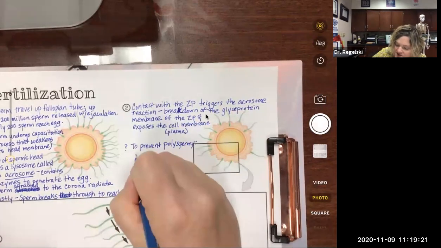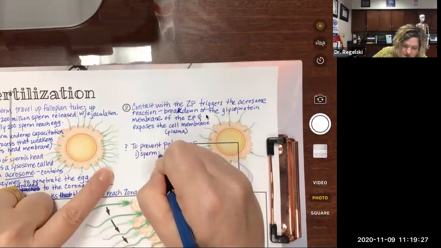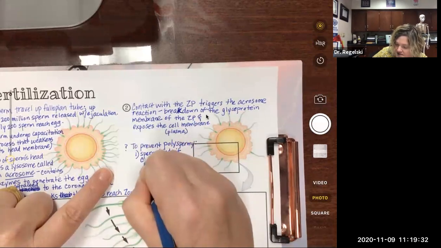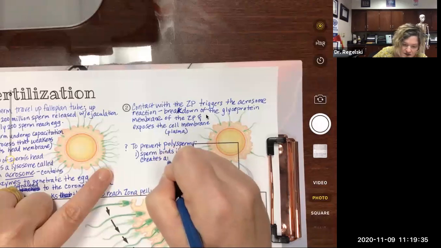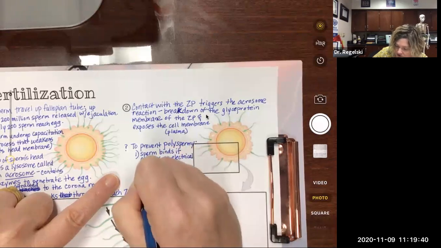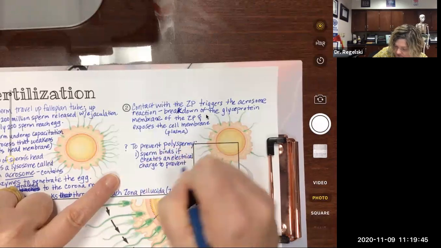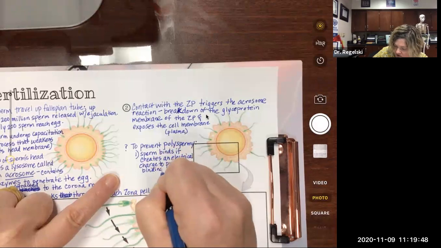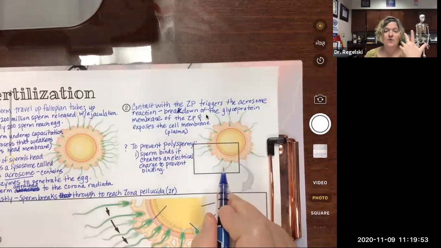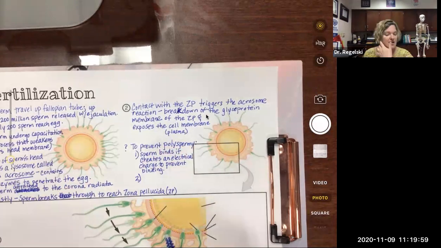Okay. Well, the first thing we do to prevent that is, when the sperm binds, it creates an electrical charge to prevent any more binding. So any sperm that's not bound at that point cannot bind. That keeps a lot of the sperm out. But then a second thing has to happen, and this all happens immediately.